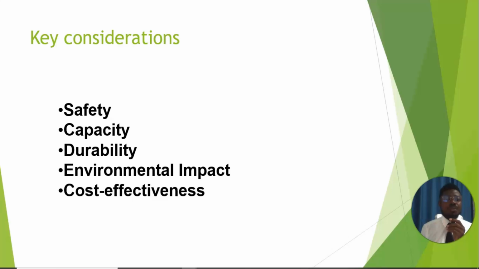So we have to try as much as possible to make sure the road design is safe enough for road users, whether drivers, cyclists or pedestrians. Safety in road design has to be one of the most important factors to consider, so that is why it's regarded as one of the key considerations.